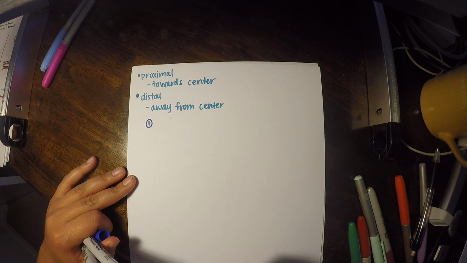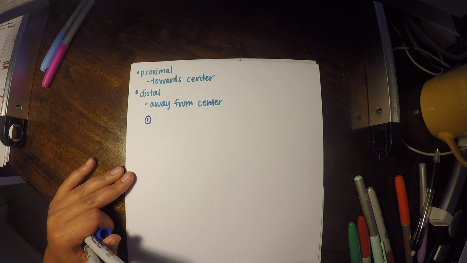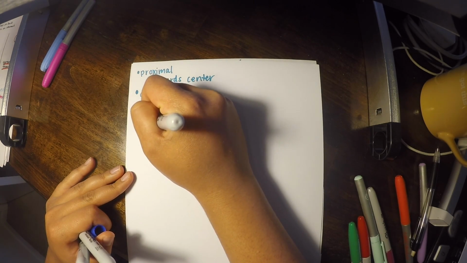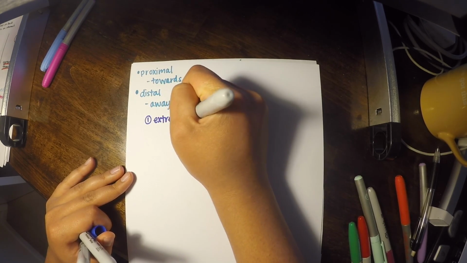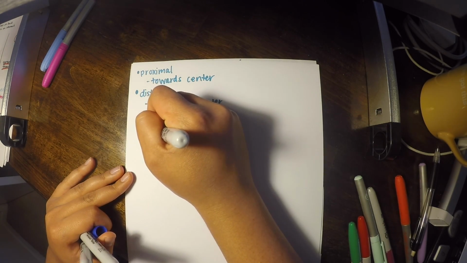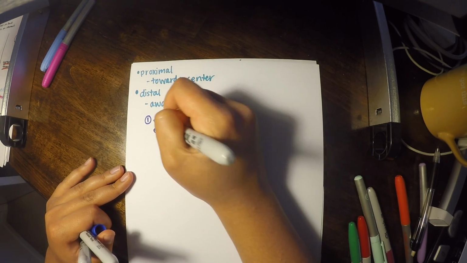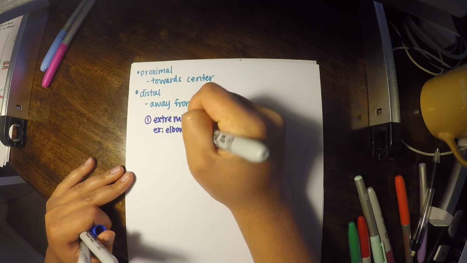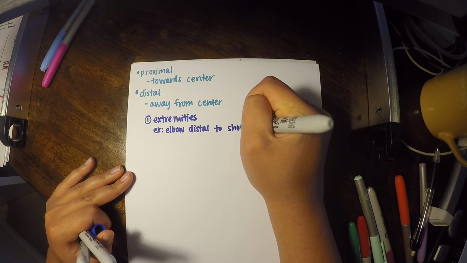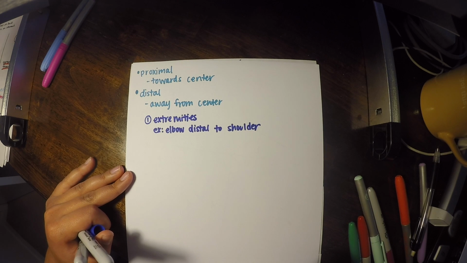We can talk about that in terms of extremities, which when we talk about extremities, we mean arms and legs. So your upper extremities are your arms, and your lower extremities are your legs. So let's talk about it in terms of extremities. An example is your elbow is distal to your shoulder, because we're talking about the center of your body as a reference point.